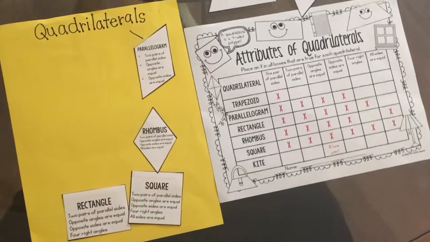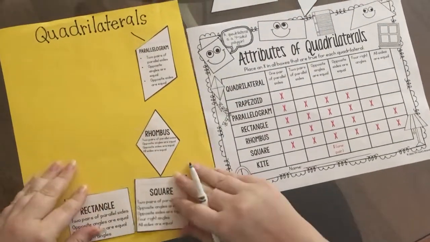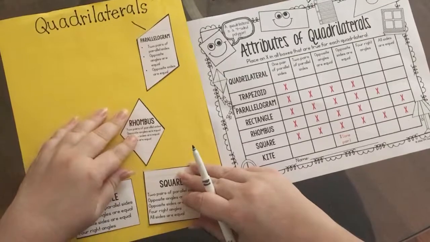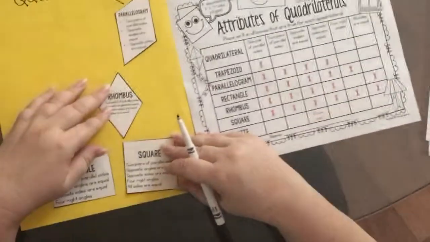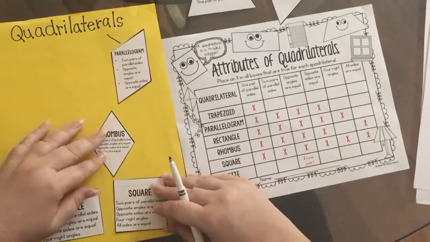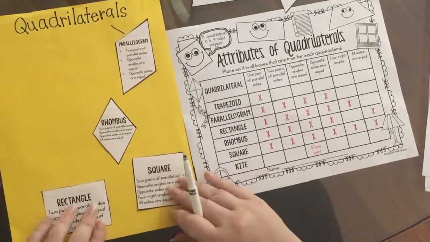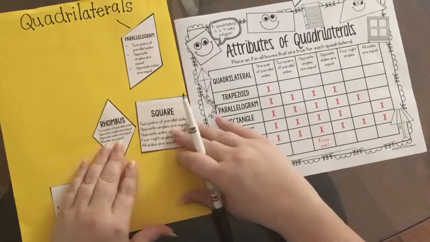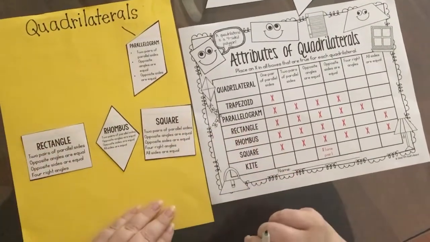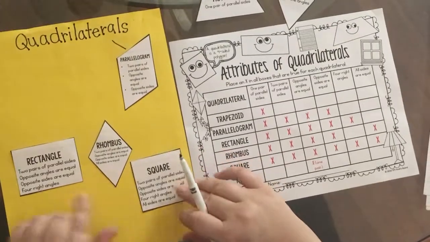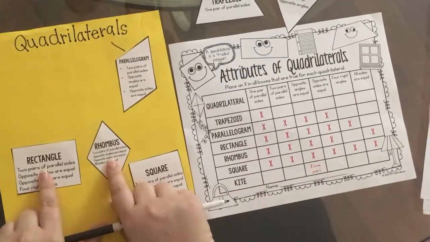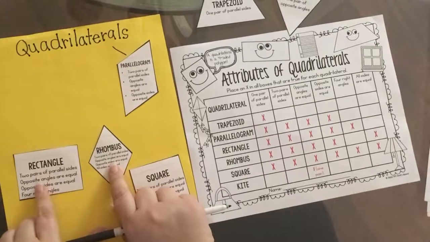Now, I can also note here that my parallelogram, which has the two pairs of parallel sides, opposite angles are equal, and opposite sides are equal, may be related to these three other shapes. Now, I see here that a rectangle and a rhombus both have the two pairs of parallel sides.